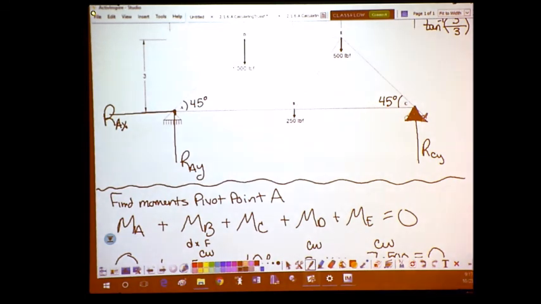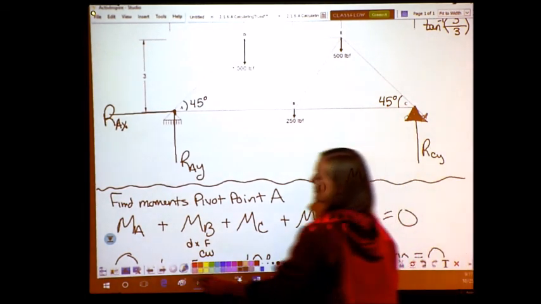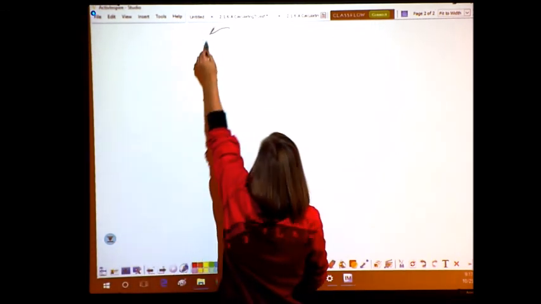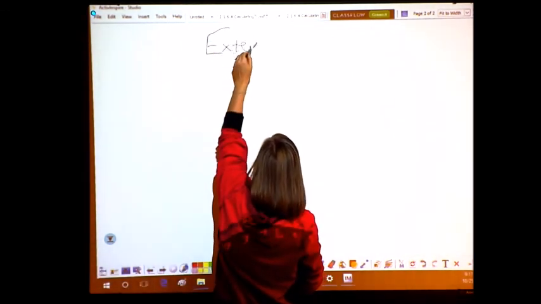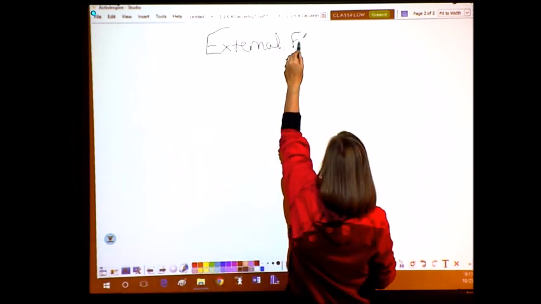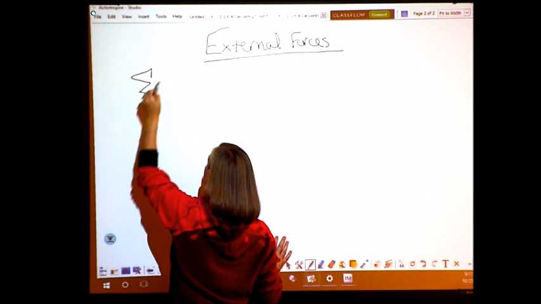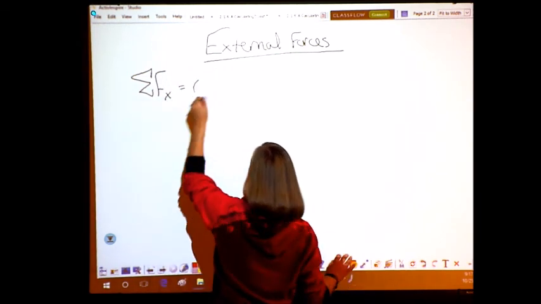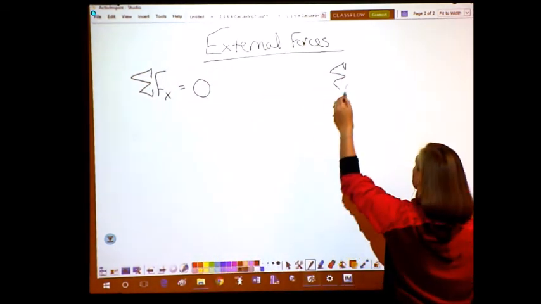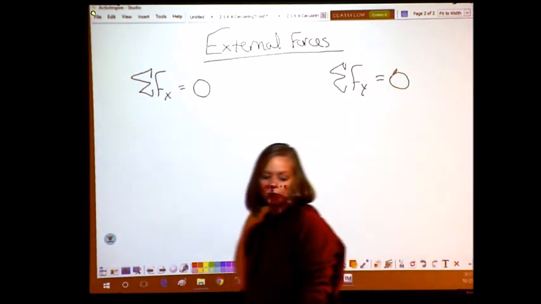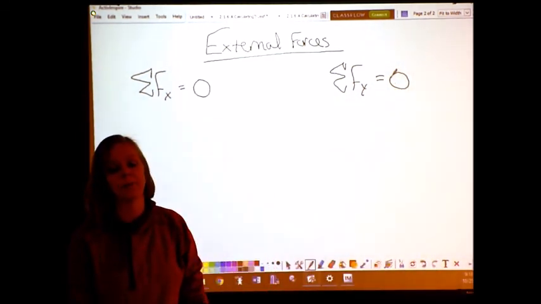What do we do after we do moments? External forces, not internal. Now we move to external forces. So we do the outside forces of x equals 0, and the outside forces of y equals 0. Go to your paper.